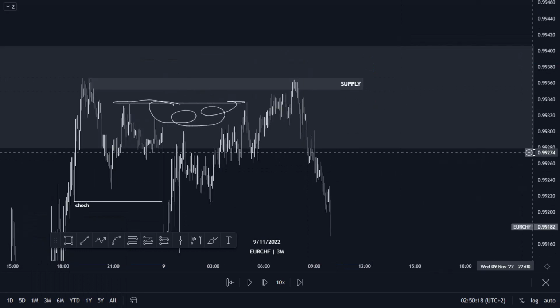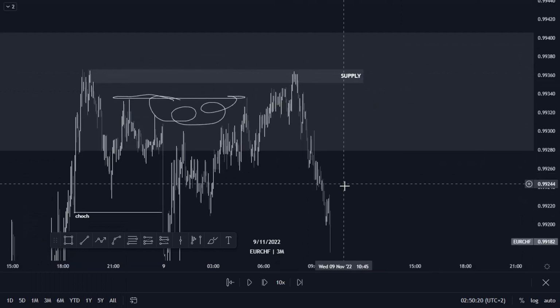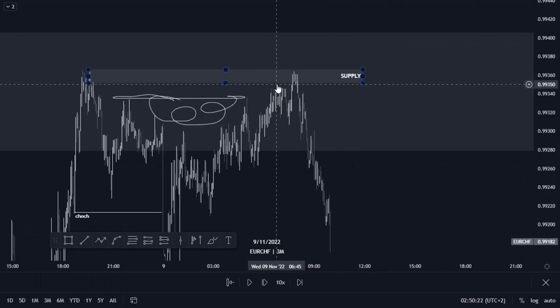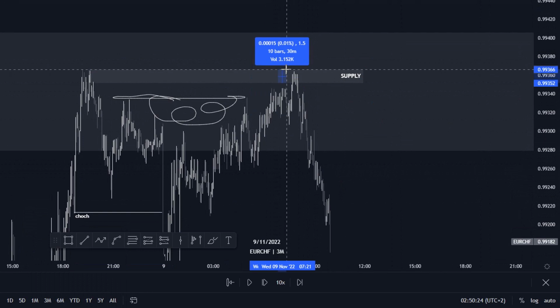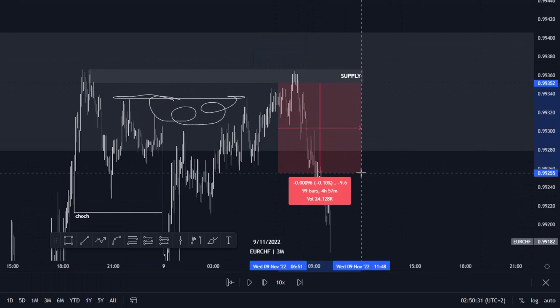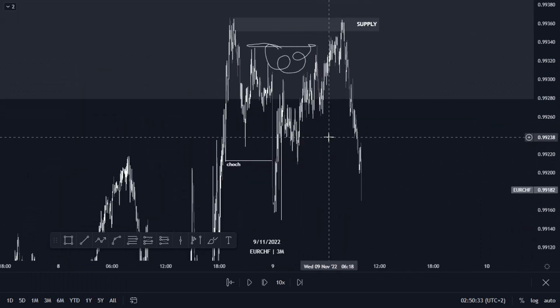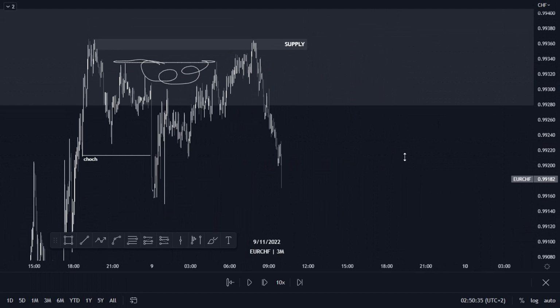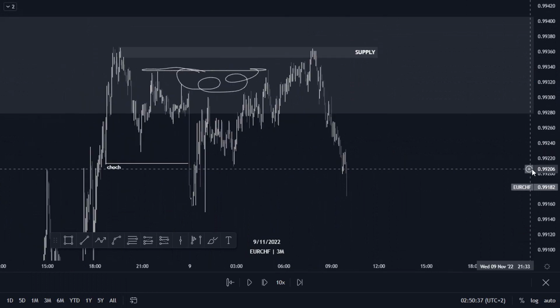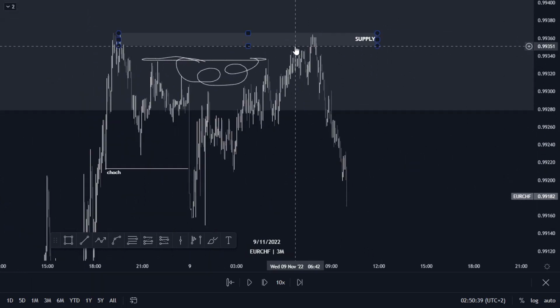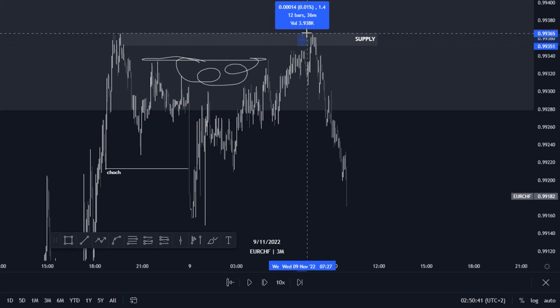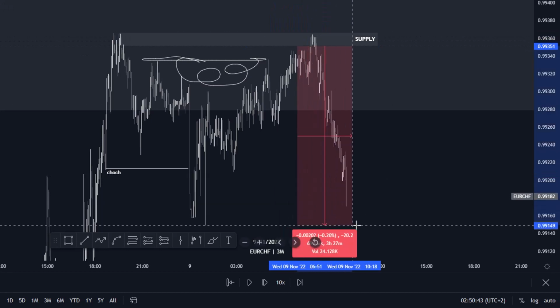Just missed our stop loss by a pip. So if you would take your selling opportunities here, you would be risking 2 pips. It's advisable that when you're taking confirmation entries, you first take partials at the low.